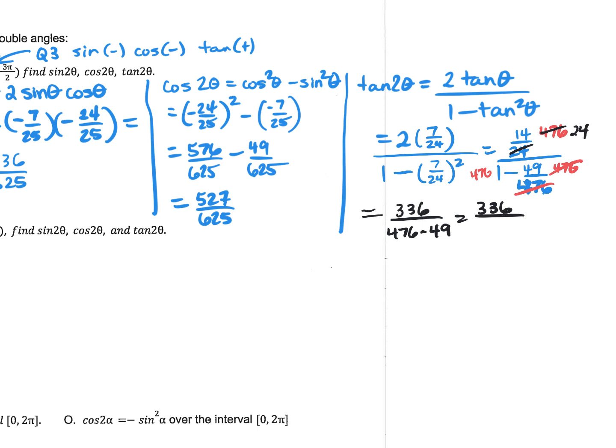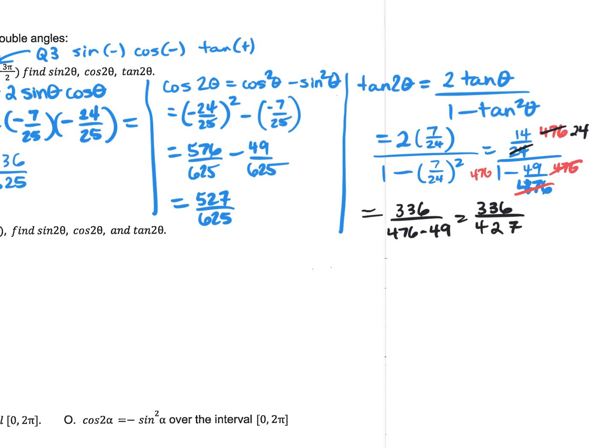They won't be bad. Go back and look at it. Whatever 476 minus 49 is, 427, and then reduce if you can.